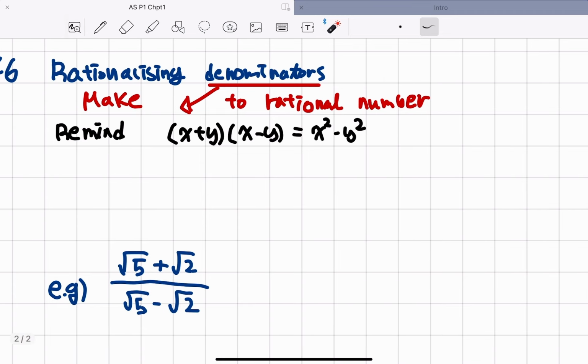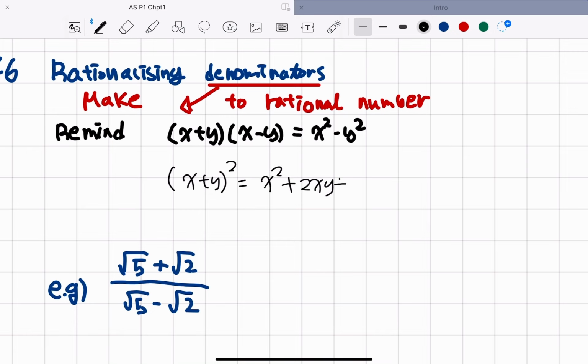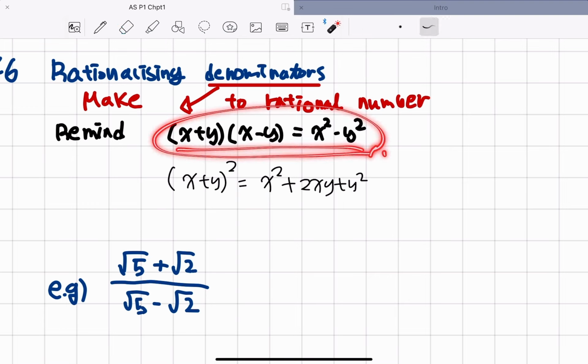If we just expand x plus y squared, we get x squared plus 2xy plus y squared. If we assume that x and y are surds, this 2xy may not eliminate, right? So we need to use this formula.